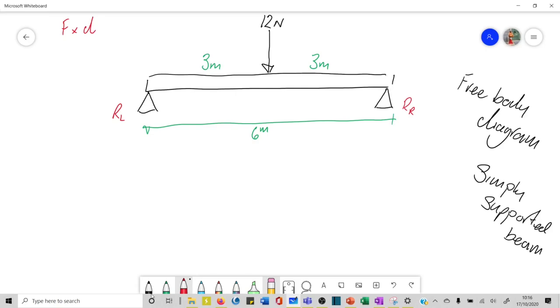So what we're going to do, we're going to look at the reaction at the left side here. Reaction left. In other words, this is where it gets a little bit confusing, because it's like the anti-clockwise and clockwise moments where it's kind of the opposite to what you think is the logical way. So if you're calculating the right reaction, for instance, or let's say the left reaction, this one here.